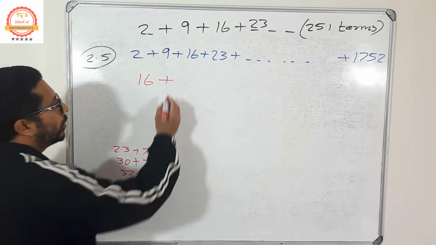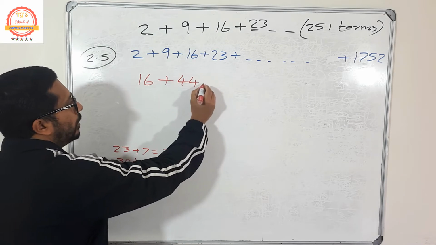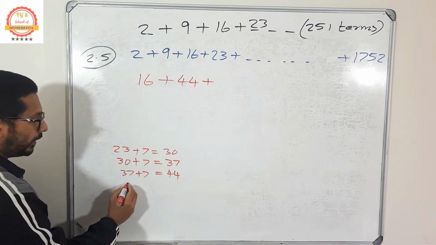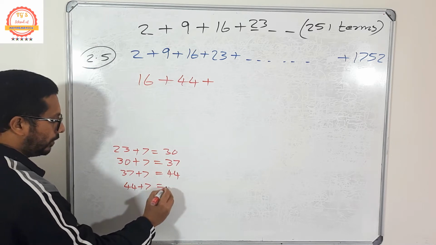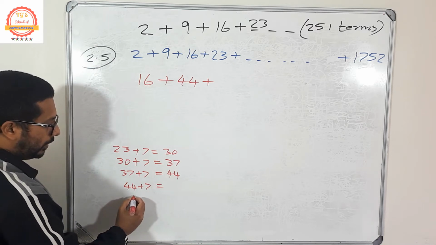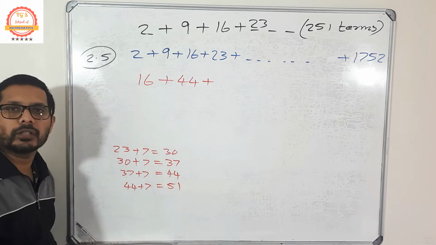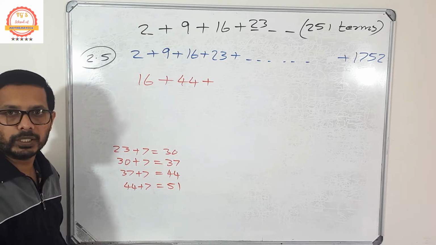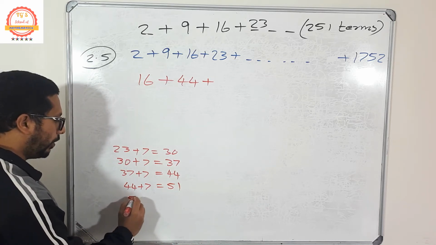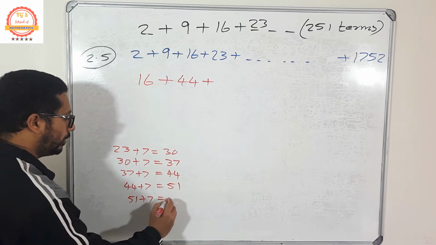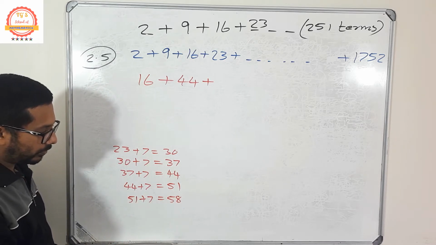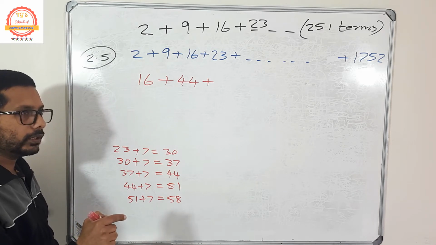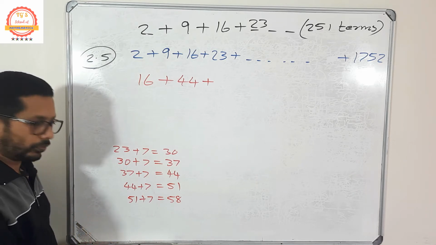The next term is 44 plus 7, which is 51, but 51 is not divisible by 4. Then 51 plus 7 is 58. Is 58 divisible by 4? No, it's not.